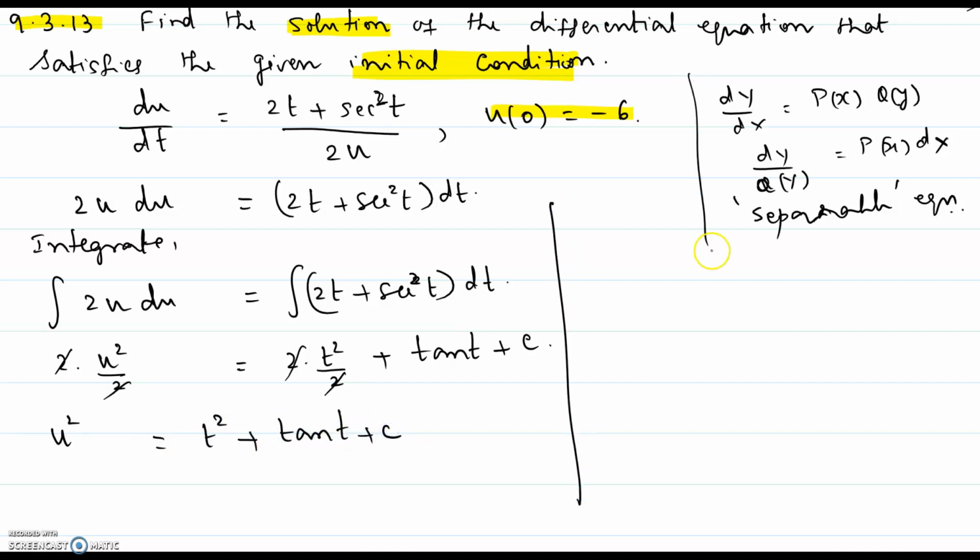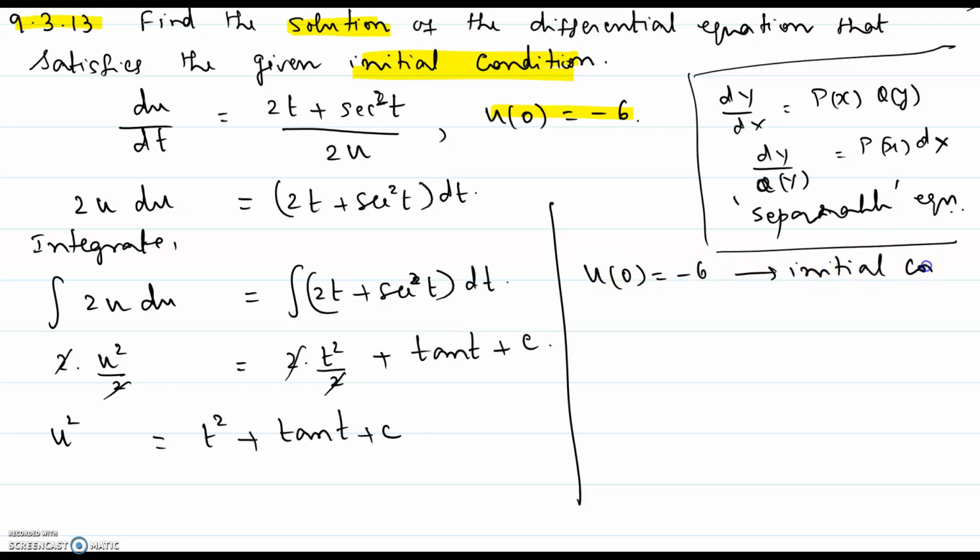Anytime you have an initial condition given in the problem, it will be possible for us to solve for the constant c. You are given u of 0 equal to negative 6, which is the initial condition. The way to interpret that is when the variable t equal to 0, u equal to negative 6.